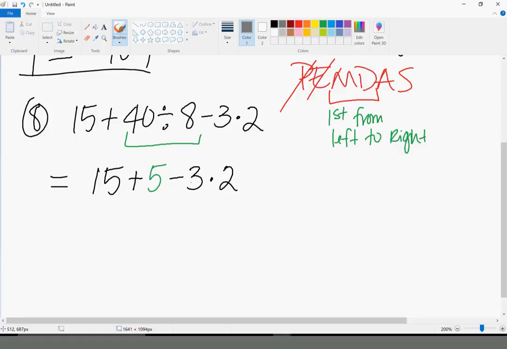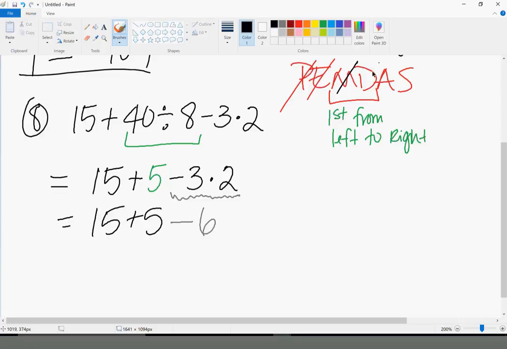So now the sign that comes in front of the number goes with that number. So this is -3 times 2. So we're multiplying different signs, so the answer is going to be negative. And so 3 times 2 is 6, so -3 times 2 is -6. And then we're going to bring down everything else.